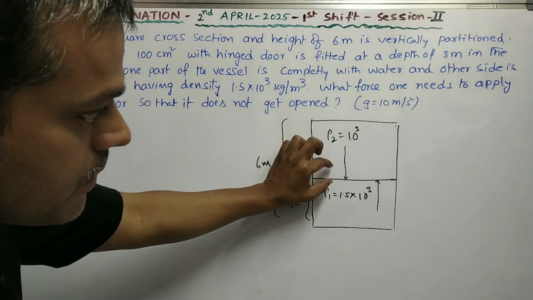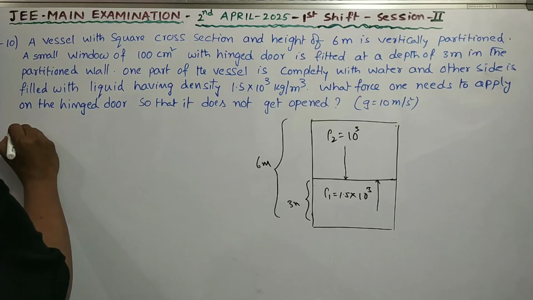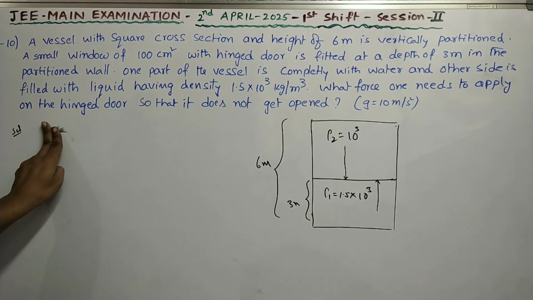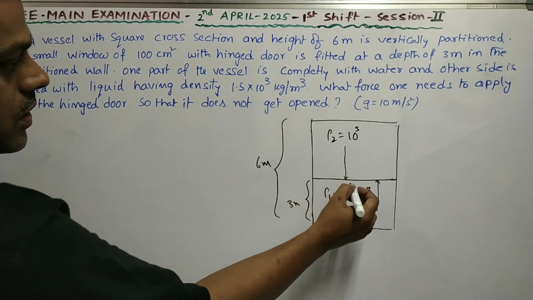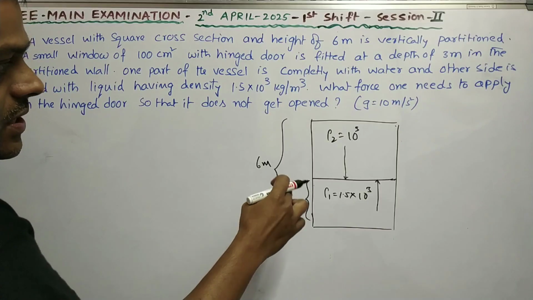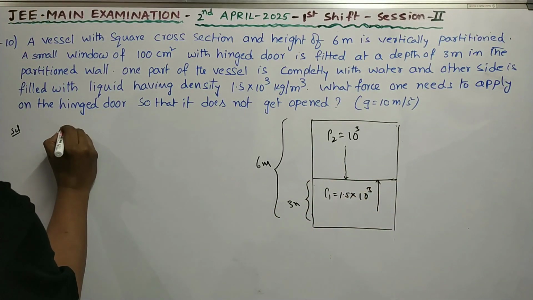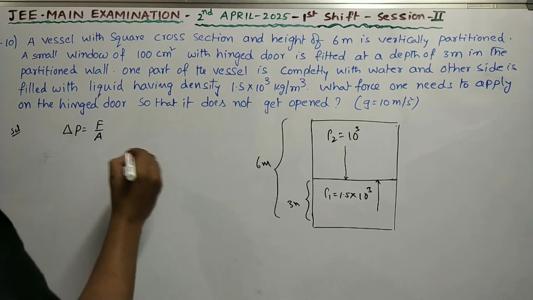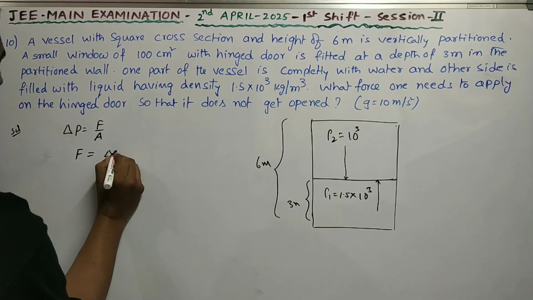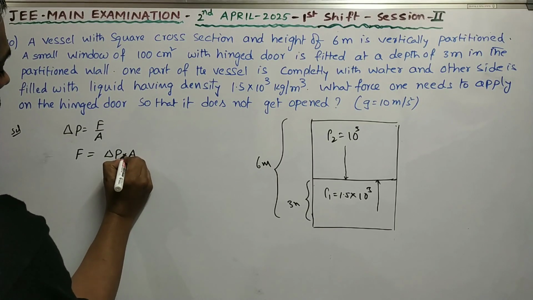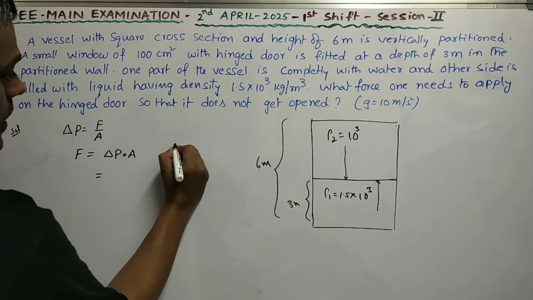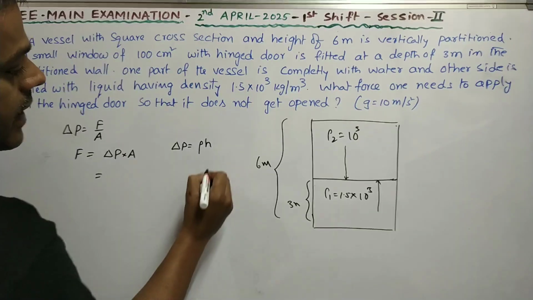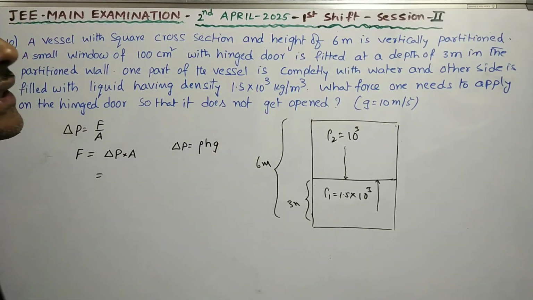To solve this problem we can use the hydraulic pressure concept. The pressure on the hinged door, due to different liquids separated by a common door, is the difference in pressure. Delta P is equal to F by A, so the required force F is equal to delta P into A. Pressure depends on the density of the liquid, the height of the liquid column and gravity.